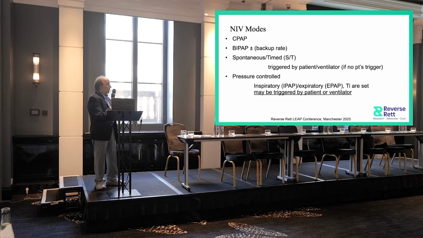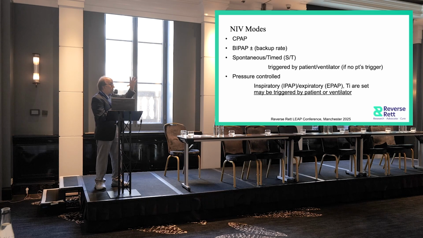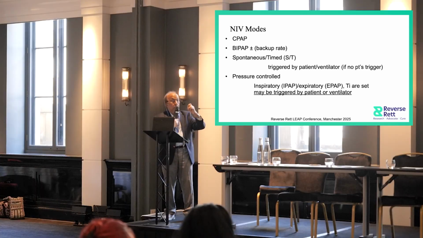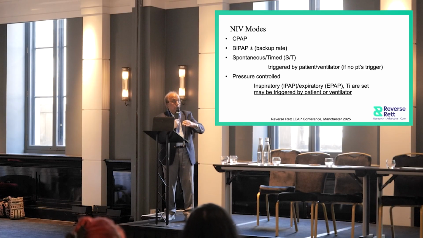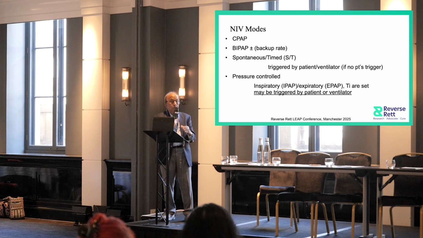But if I blow continuously in that, I'm going to keep that tube open, and that is what CPAP is. Basically, air is flowing into the lungs at a constant pressure all the time, keeping those bronchial tubes from collapsing. So CPAP, simplest form.